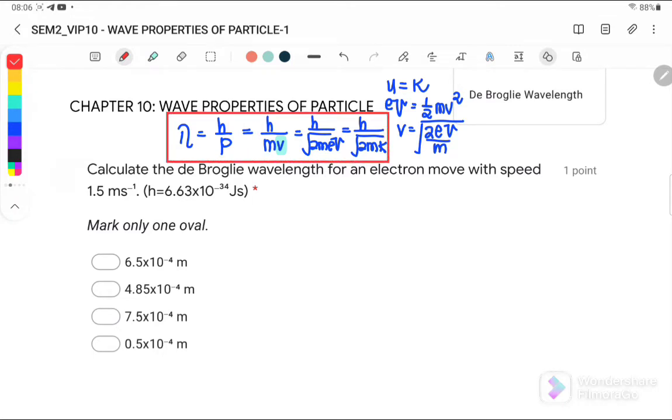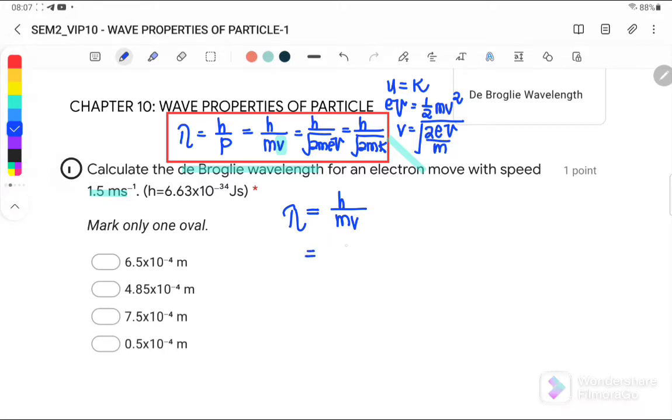So we go to question number 1 first. Calculate the de Broglie wavelength for an electron moving with a speed of 1.5 meters per second. Here they give you the value for the velocity, so we can use the second equation, where the de Broglie wavelength is equal to h over mv.